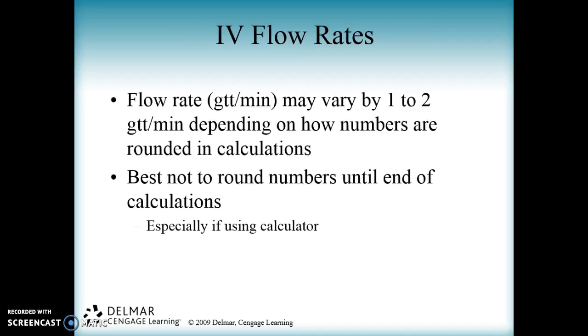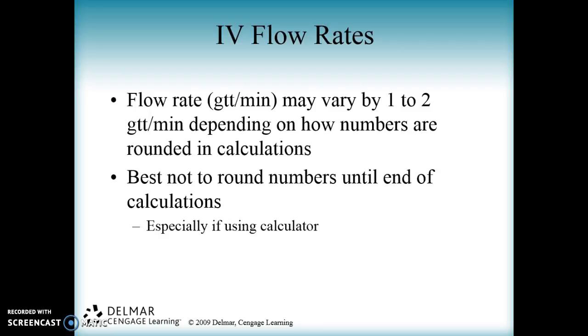When we talk about a flow rate using a manual set, it's always in drops per minute, and it can vary a little bit because this is a more manual process, and a lot of times it just depends on how and when you round. So the best thing that I can tell you is don't round until the very end. Never round until you get to the very end of the problem.